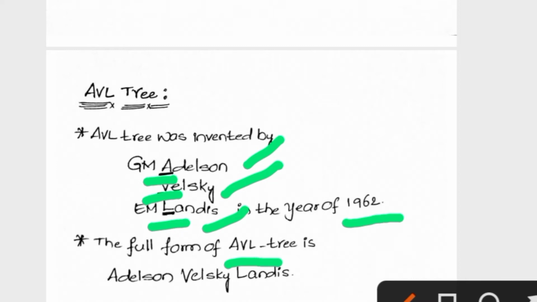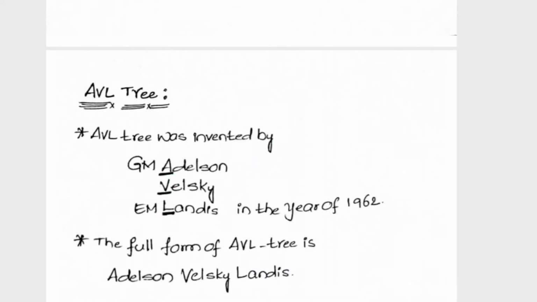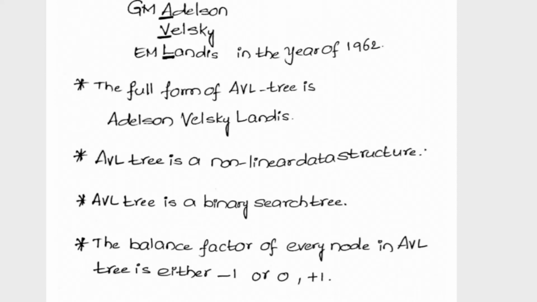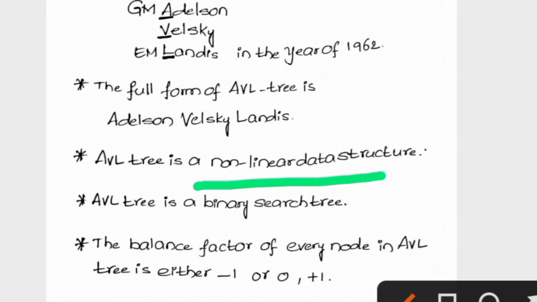Now the full form of AVL tree is Adelson-Velsky and Landis, and the AVL tree follows a data structure. While inserting and deleting the elements, it follows the non-linear data structure. Why we say it is non-linear: while inserting and deleting we will not follow any order.